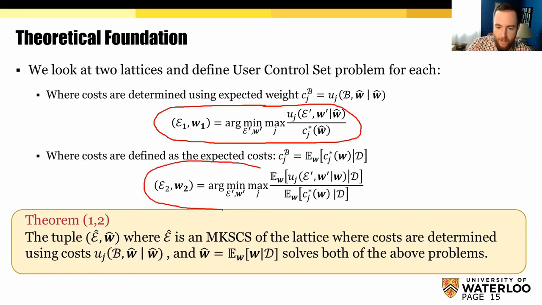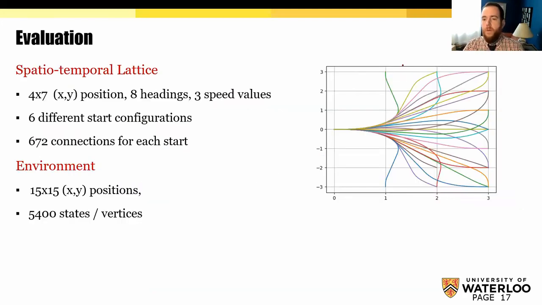The second estimation we use is, instead of simply replacing W star with W hat, we take the expected value of the costs. In theorems 1 and 2 of this paper, we show that the tuple E hat, W hat is a solution to both of these problems.